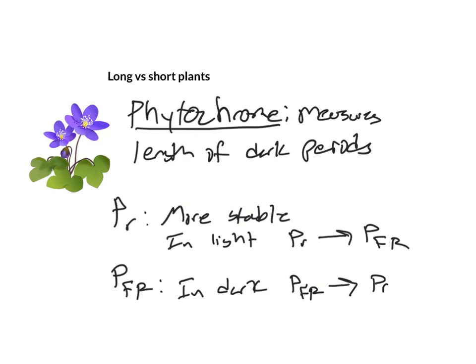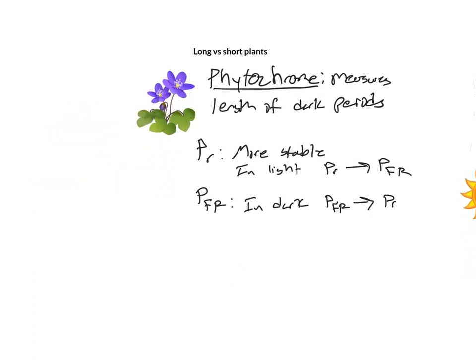So in light, it changes from PR to PFR, and in darkness from PFR to PR. So they kind of go back and forth depending on the day and the night, converting back and forth. The PFR form is more active, and it binds to the receptor proteins, as we'll talk about a little bit later on. And I can draw this and show this a little bit more.